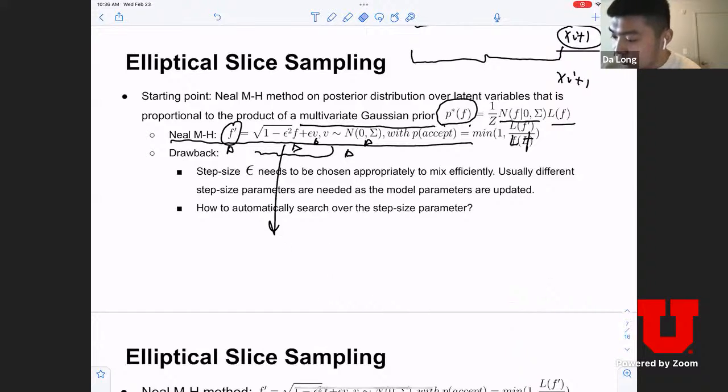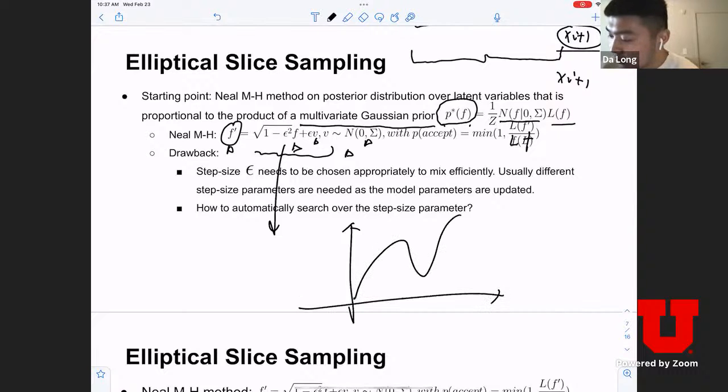In the naive MH sampling, you need to very carefully choose epsilon, the step size parameter, because there is a problem called the mixing problem. Say we have a complex distribution and our current sample is here. The current sample will tend to jump to a high density area.